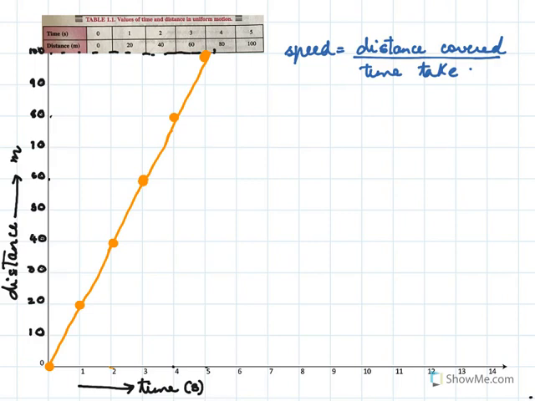Say at 2 seconds, and we will take at 4 seconds. Let us see what is the speed of the object when it moves from point A to point B. To calculate speed, we need to know distance covered and the time taken.